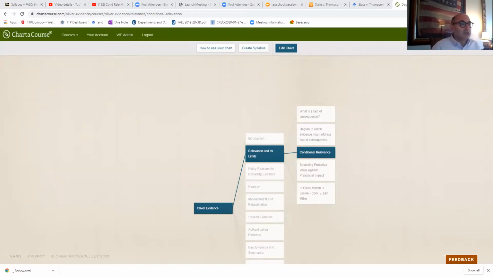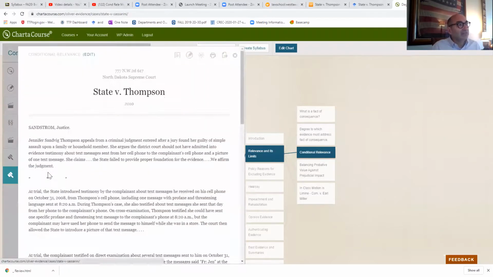So we go back to our course map and we pull up conditional relevance, which is where we are, and we go to the case of State versus Thompson. Now, in State versus Thompson, the prosecution is trying to get in some emails that a wife sent to her husband that were indicative of her intent to physically abuse him.